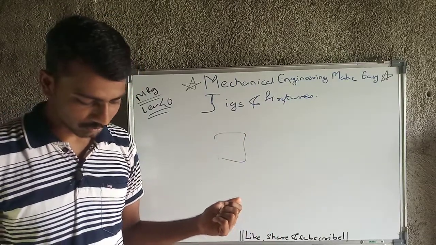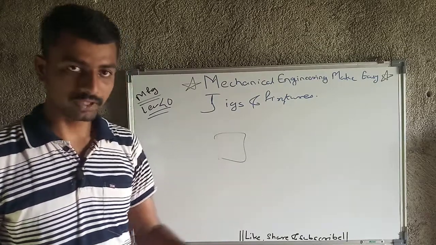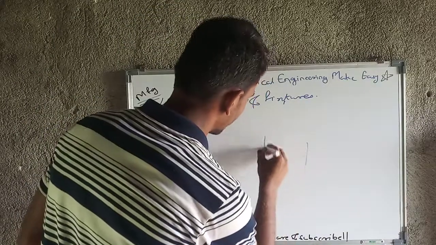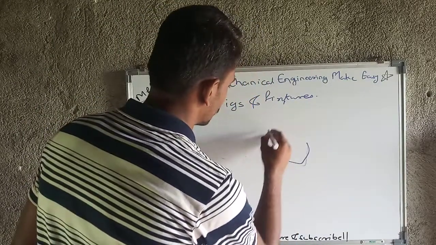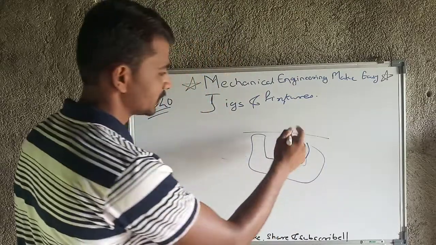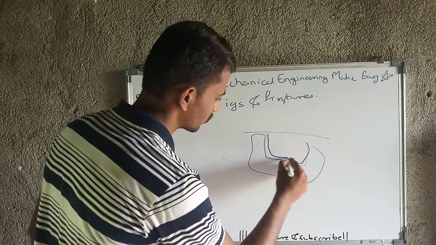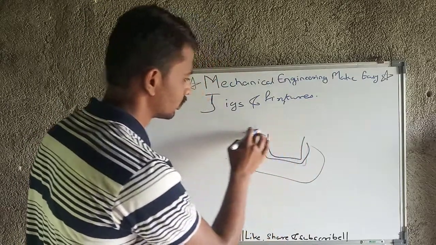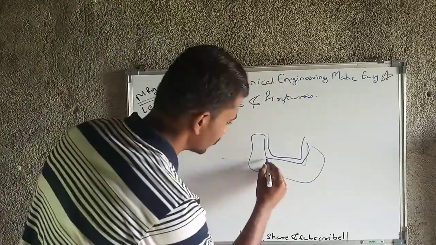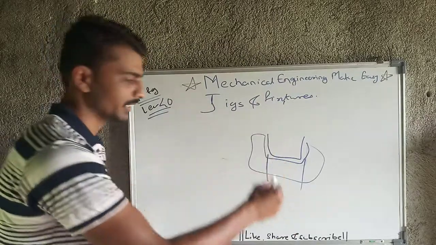Then next is nothing but ejecting devices, like to push the workpiece out after working. For example, if there is such a die, and this is a sheet, and after punching, that sheet will go here. After removing the punch, this portion will not be directly fixed here.